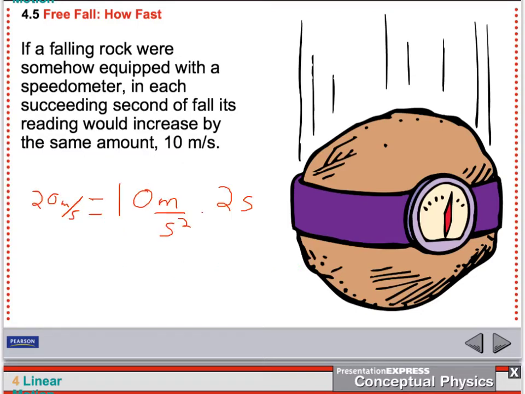Something else that's pretty neat is when you bring your units in, which you should always do with your calculations. If you have something falling at 10 meters per second squared, and it's falling for 2 seconds, when you do the math, one of the seconds cancels out, and you're left with an answer in meters per second, which is what you're looking for, a velocity.